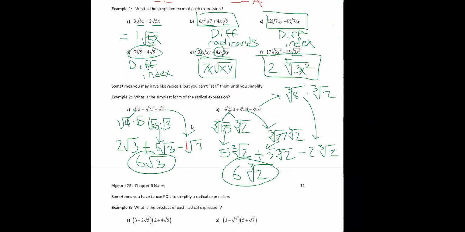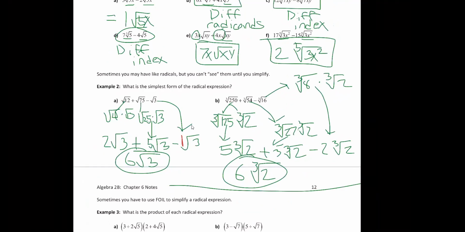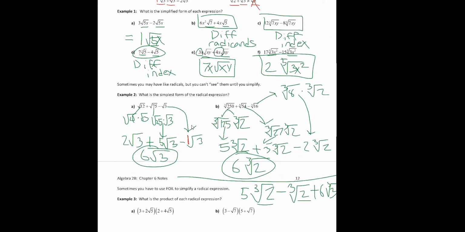One thing that didn't come up, just FYI, if you had a situation where only a couple of the parts were like terms, just combine the things that are like terms.